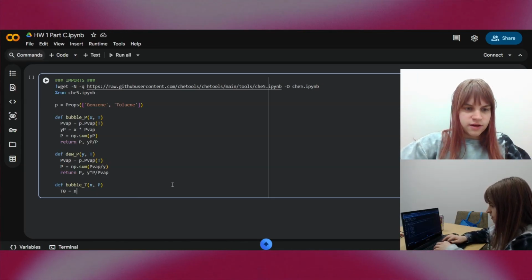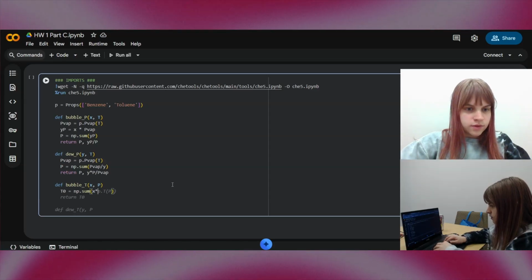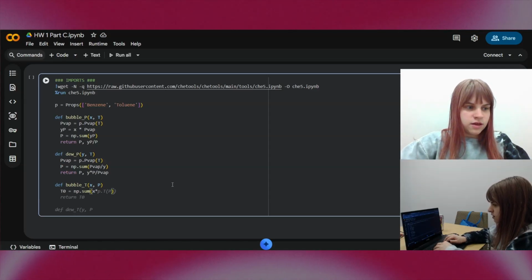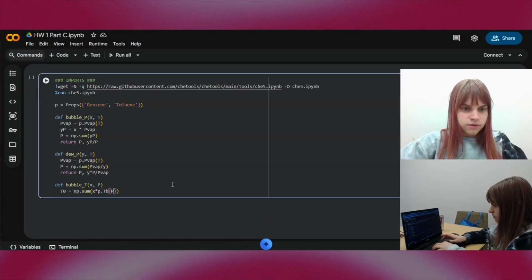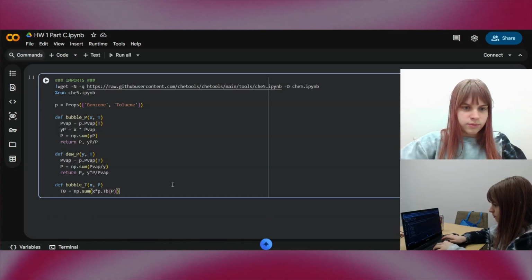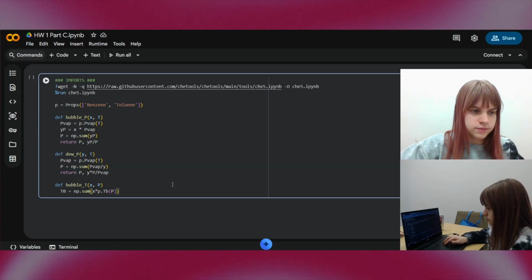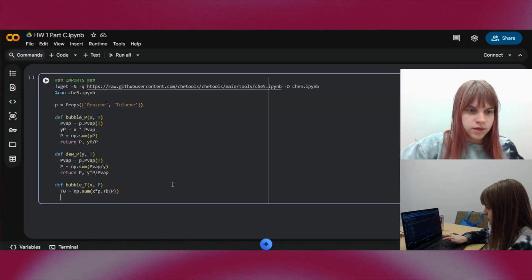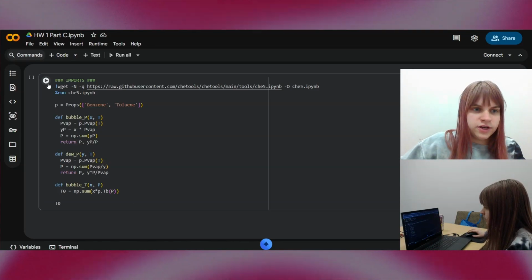So that would be a sum of X times the boiling point at the given pressure. Let me just run this to see if I have any errors.